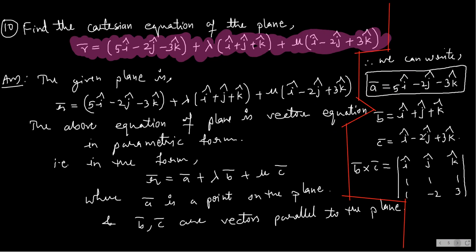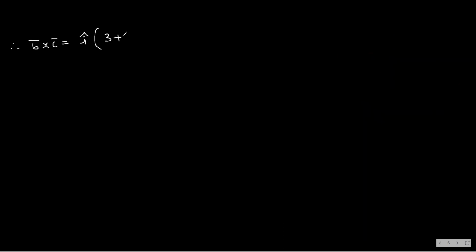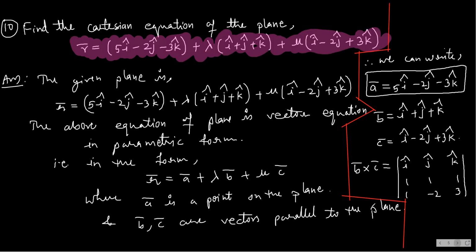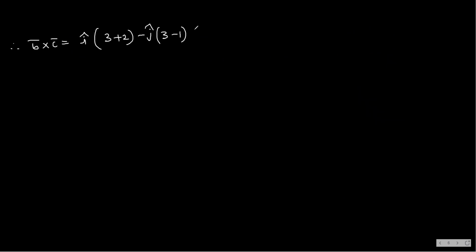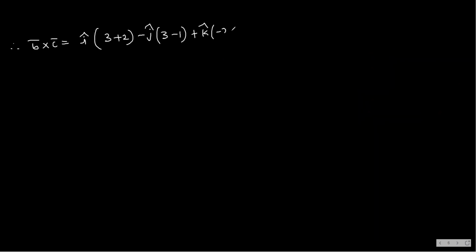Therefore, b bar cross c bar is i cap into 3 minus of minus 2, that is 3 plus 2, minus j cap into 3 minus 1, plus k cap into minus 2 minus 1.